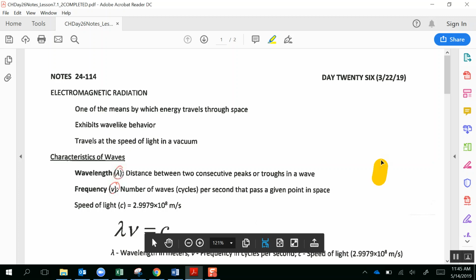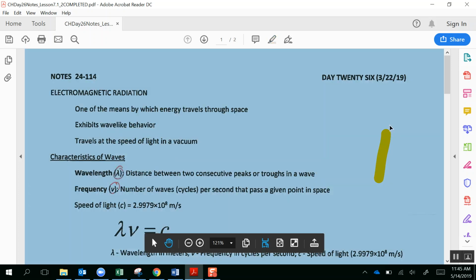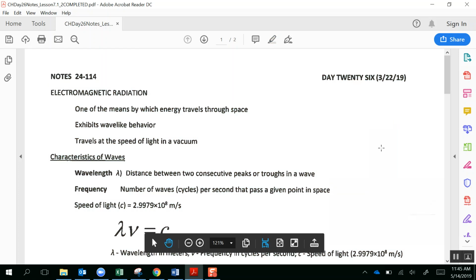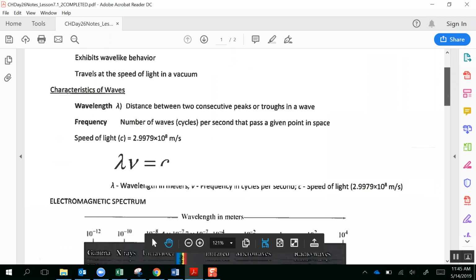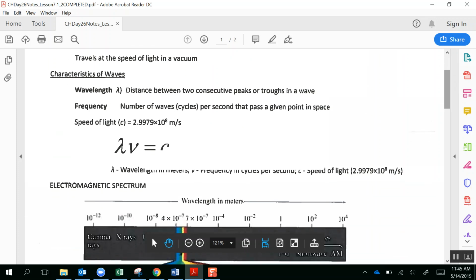So if you look down at the characteristics of waves, wavelength and frequency is one of the things we talk about. The distance between two consecutive peaks or troughs is considered a wavelength. Frequency is the number of waves or cycles per second.